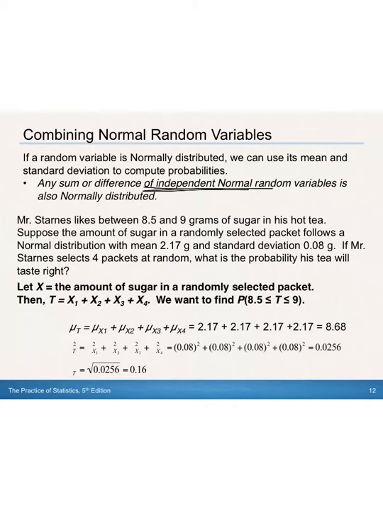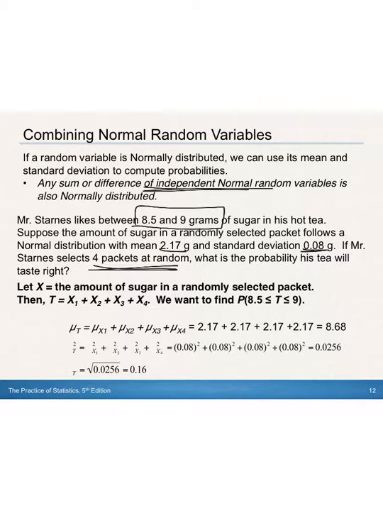This is a situation where we're going to be looking at 4 packets, and we only have information about 1 packet, and we want to know if after he's put in the 4 packets, what are the chances it's going to be what he wants. He likes between 8.5 and 9 grams of sugar in his tea, and the packets have an average of 2.17 and a standard deviation of 0.08.